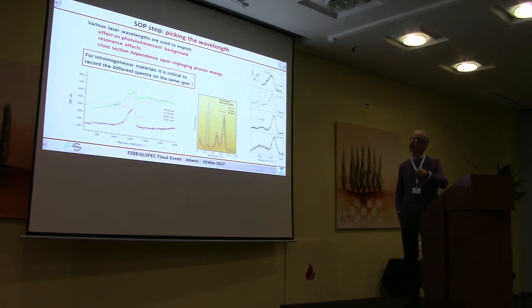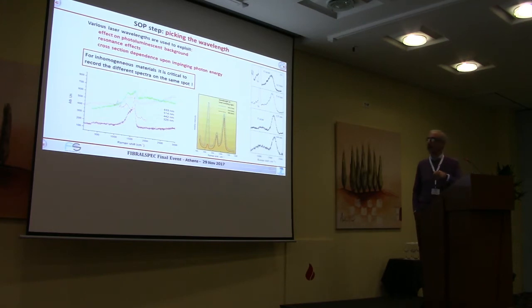So you would like to reduce the impact of photoluminescence. Then Raman has to do with resonance effects, so you have to pick the proper wavelength in order to enhance the resonance effects. And usually the cross-section of the phenomenon depends on the impinging photon energy.